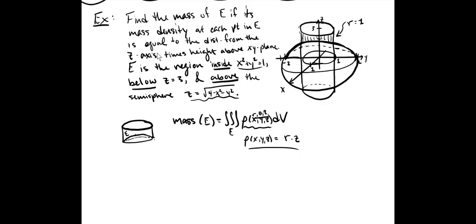So since we've got it in this form, let's express it, not rho of x, y, z, but rho of r, theta, z. So that's what we need to integrate, rz dV. Well, let's see how we're actually going to set this up. Think of this little piece here. Notice this little circle I have drawn in my picture is already the footprint that this solid shape E would fall down into if we projected downward from above with light.